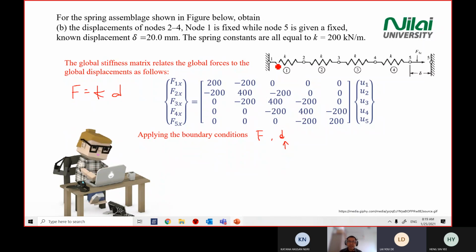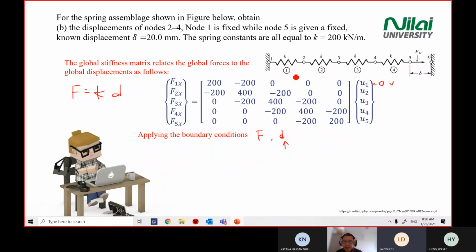U1 means displacement at point number 1. So you look at point number 1. What is the value for point number 1? What is the displacement? 0, correct. How come just now you said 200? Where did you see the 200? Okay, good. So point number 1 is 0.